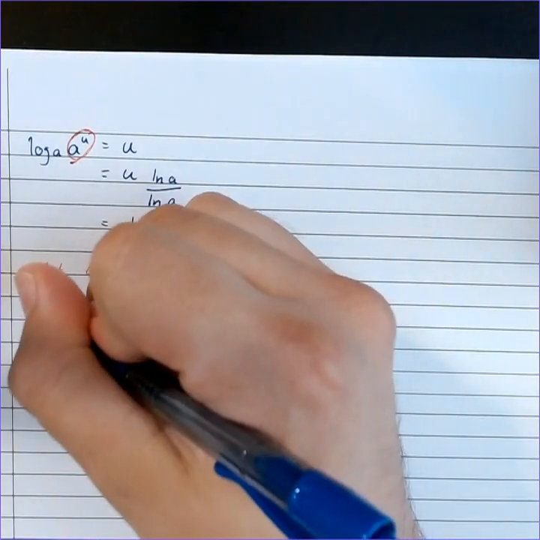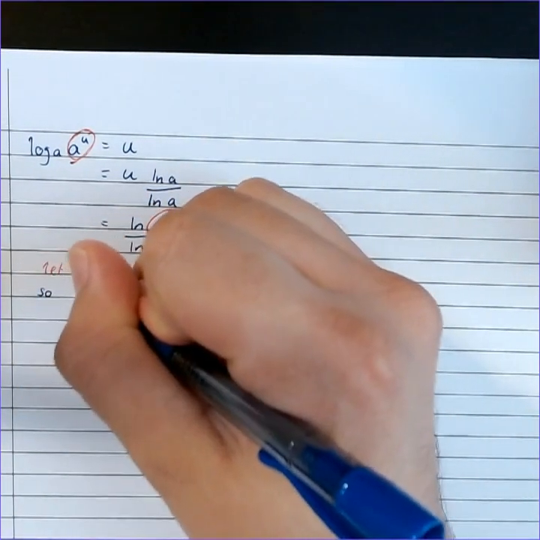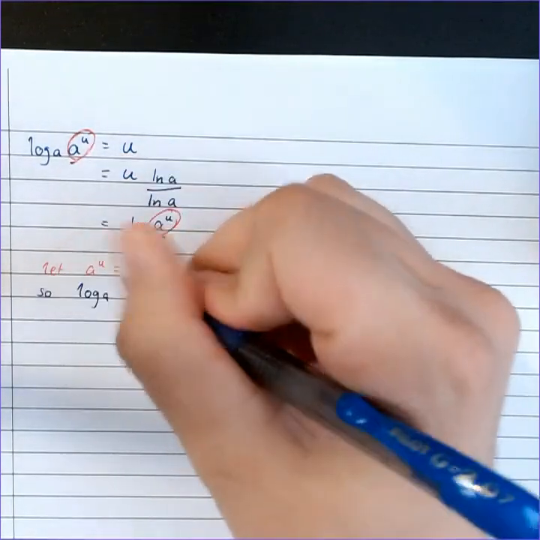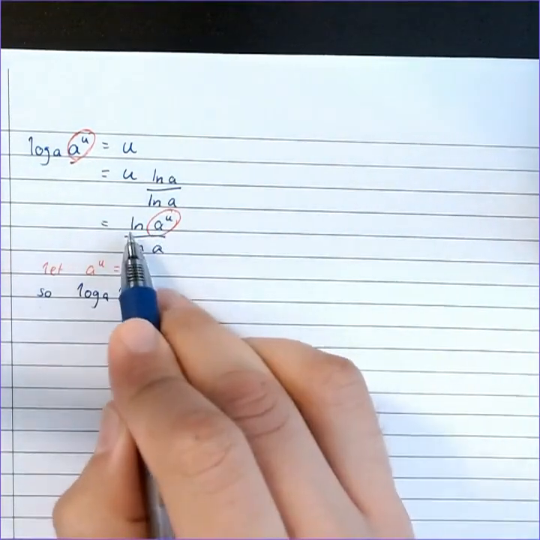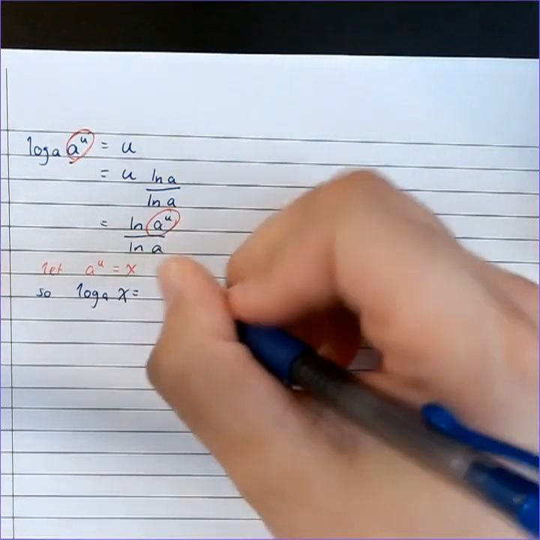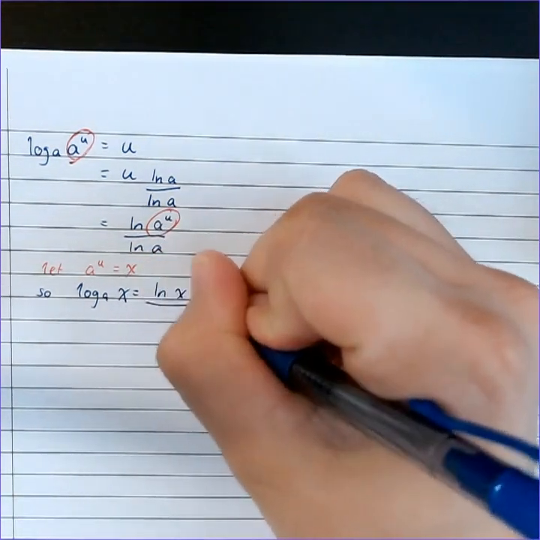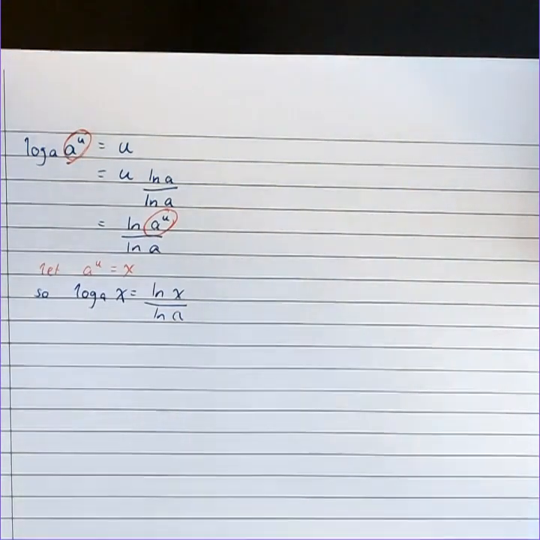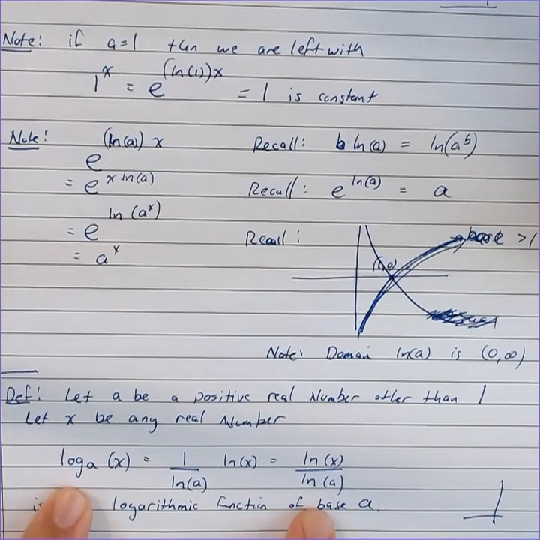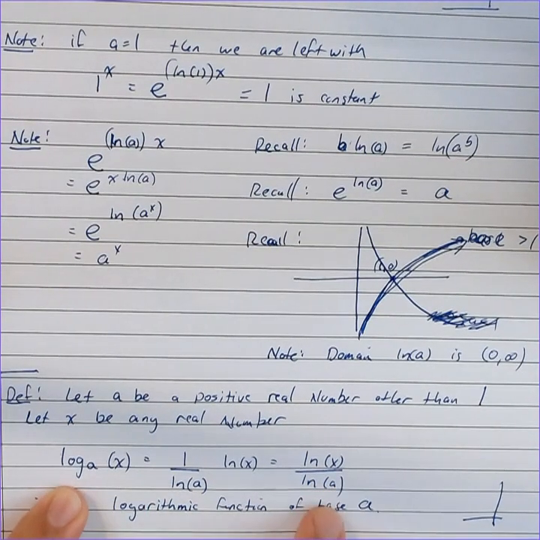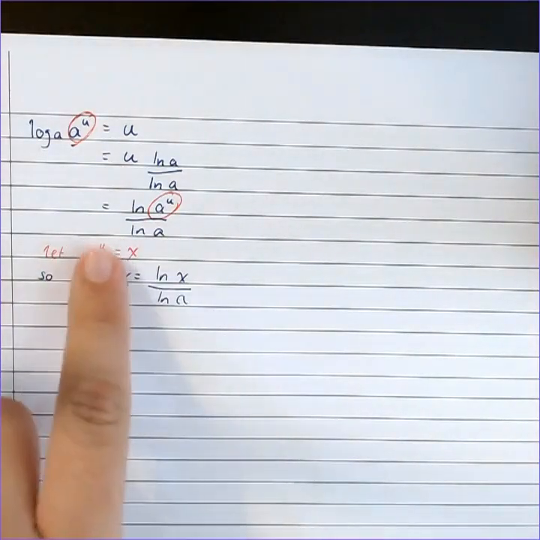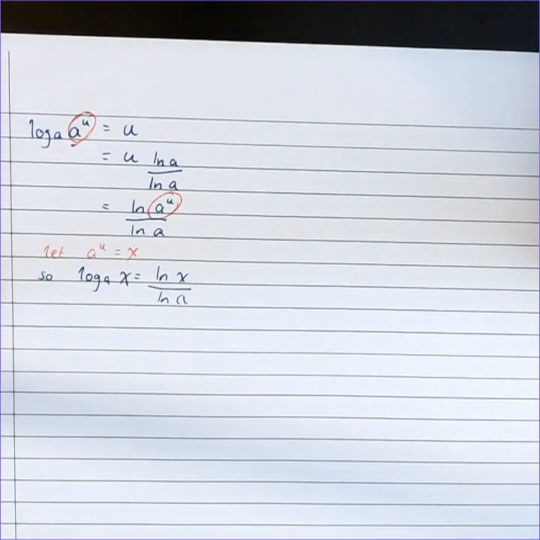Then that means that the log base a of x is equal to the natural log of x over the natural log of a, which you'll recognize is exactly how we define the logarithm base a of x. So this shows exactly where we get that from, and it justifies its use.